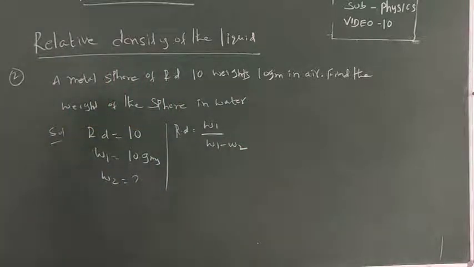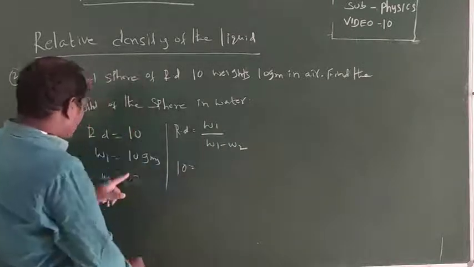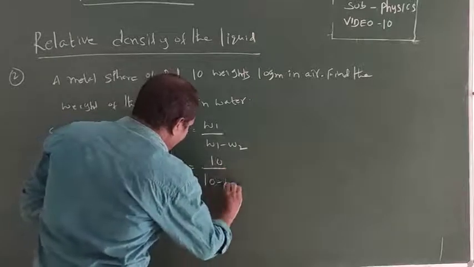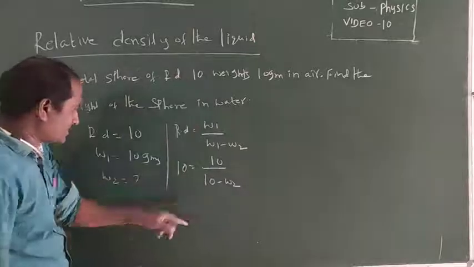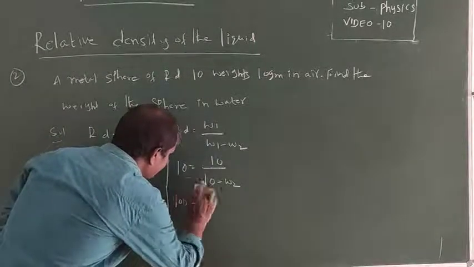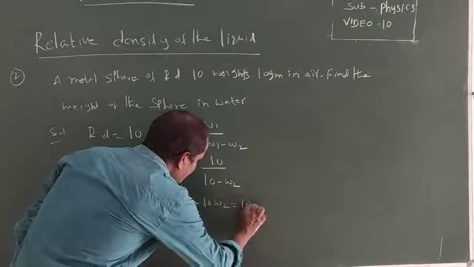Here RD we got 10, so 10 equal to 10 by 10 minus W2. Now I am doing cross multiplication here. 10 into 10 is 100 minus 10 into W2 equal to 10.